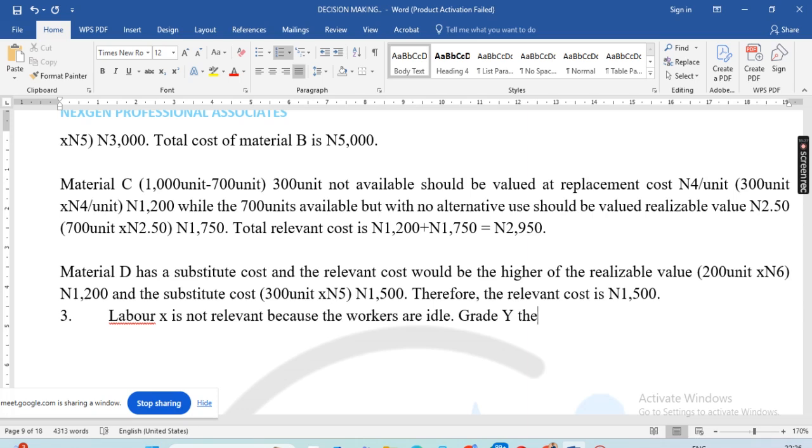The grade Y relevant cost is the contribution loss plus the labor costs.